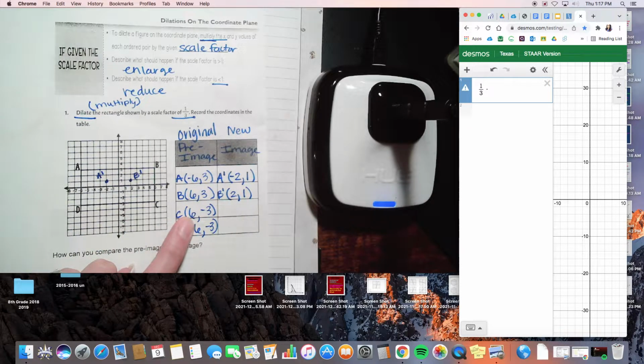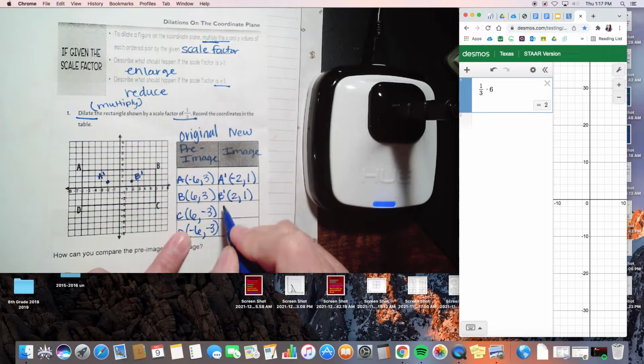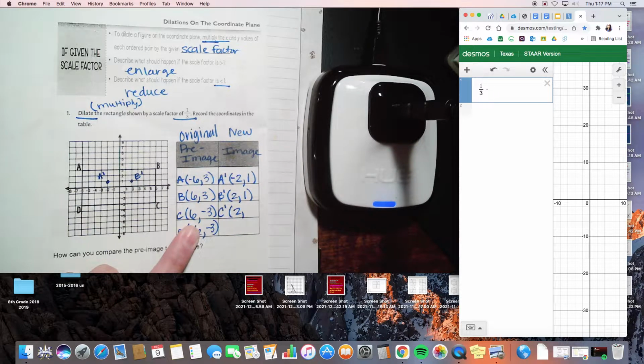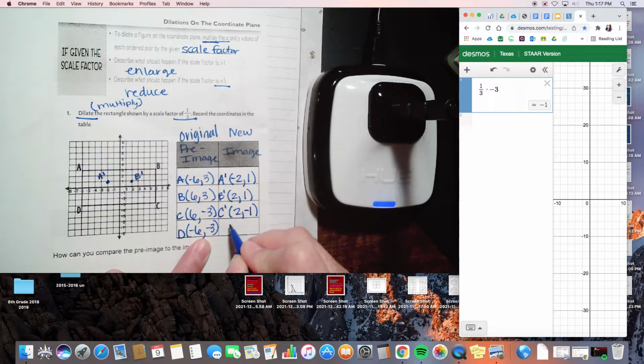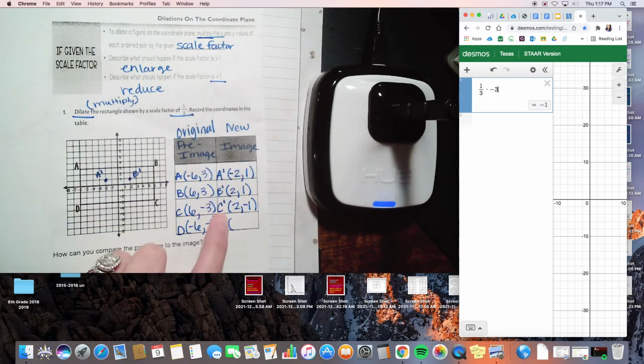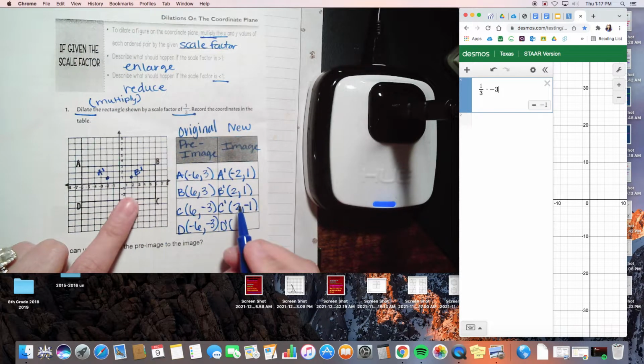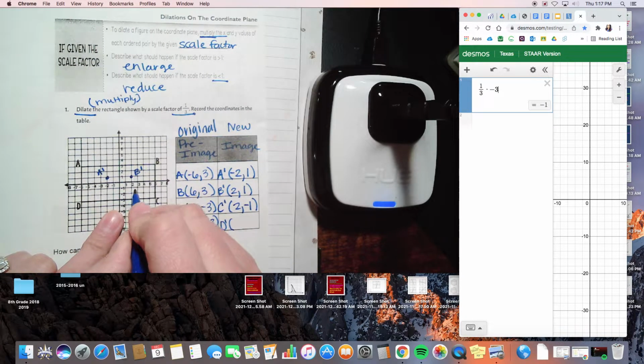So now I'm at C prime. Make sure you write that point. That gives me 2, comma, -3 times 1/3, which will be -1. Now I'm going to do D prime. Oh, hang on, let me plot this point. That's 2, comma, -1. So right here, C prime.